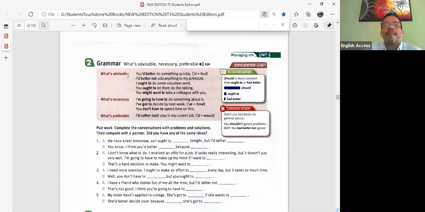Page 57. Grammar. What's advisable? Necessary? Preferable? What's advisable? You'd better do something quickly. I'd better not add anything to my schedule. I ought to do some volunteer work. You ought to let them do the talking. You might want to take a colleague with you.